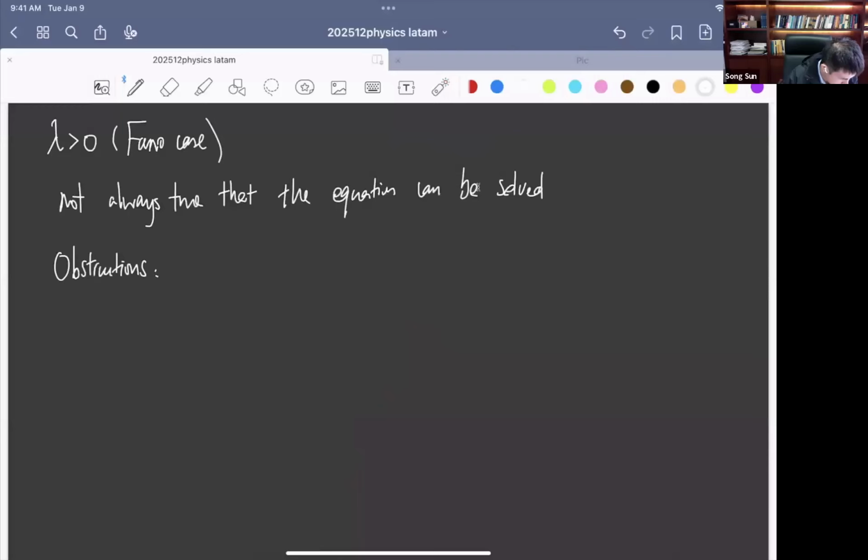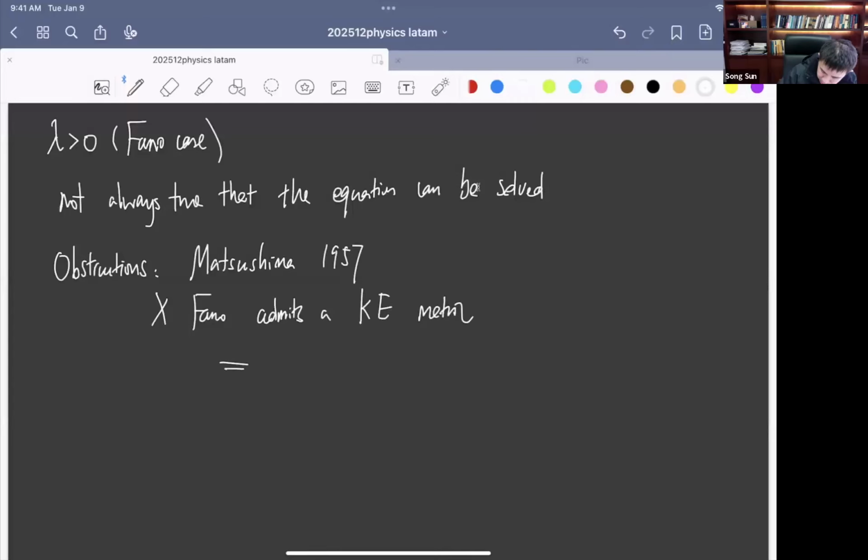The first one, I think it's Matsushima, in the 1950s, probably 1957. It says that if X is Fano and admits a Kähler-Einstein metric, abbreviated as KE, then its automorphism group has to be reductive.